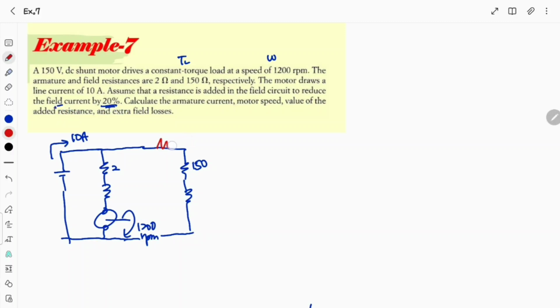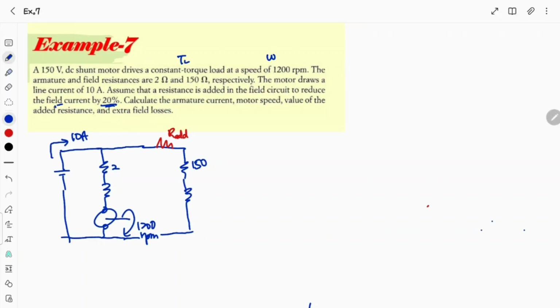So one more resistance, RX, is added as additional resistance. Calculate the armature current, motor speed, value of added resistance and extra field losses. We need to find the armature current IA, the motor speed, the value of the added resistance, and the extra field losses.